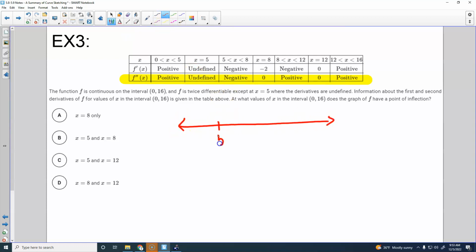So we got 5, we got 8, and we got 12. And we go positive, negative, positive, positive. So what would be our points of inflection? 5 and 8. So B would be our answer there. Okay. First derivative is there as a distractor.